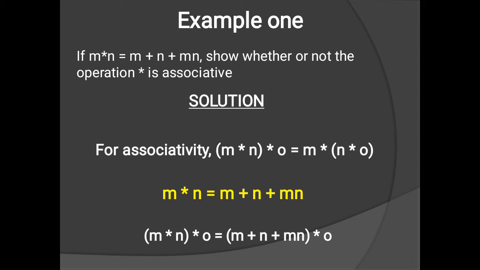So what is in the parentheses? m operation n, first one plus second one plus first one times second one. Then we repeat our operation o because we are not yet there. We have to finish the one in the parentheses before we get to the other operation. So we are not yet there. So we repeat it. Then we continue.